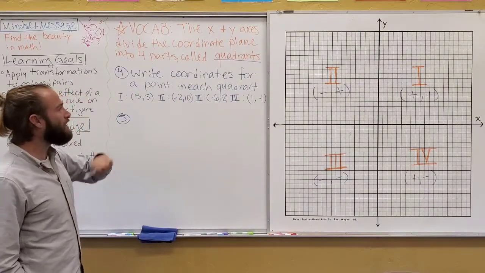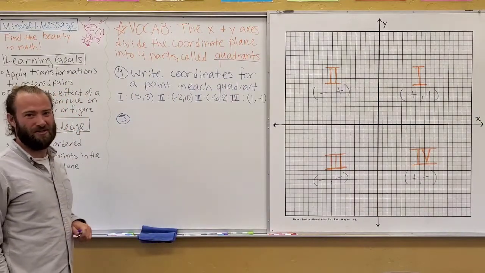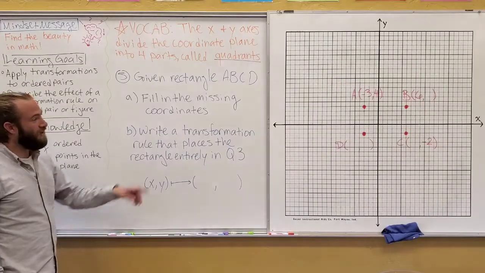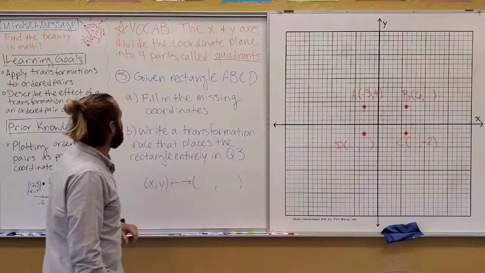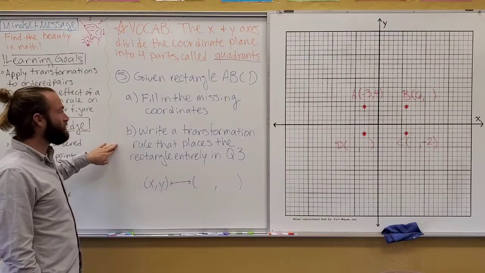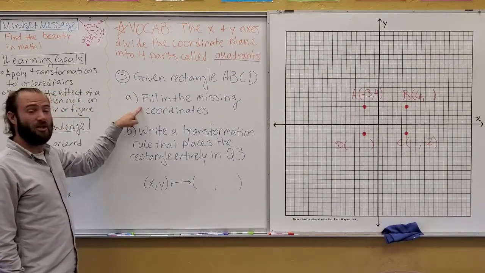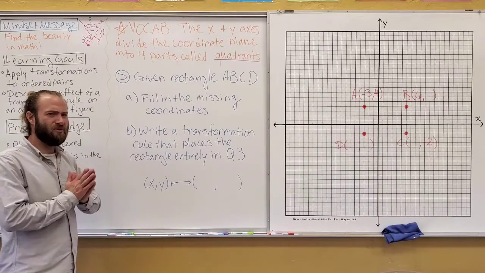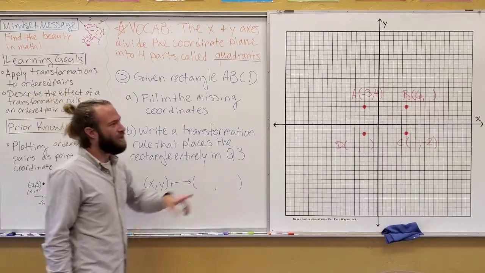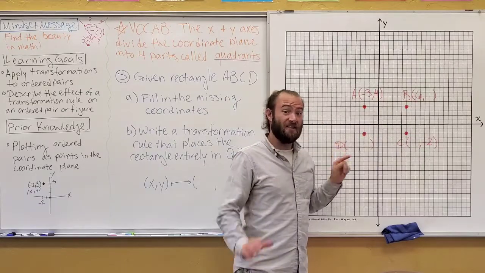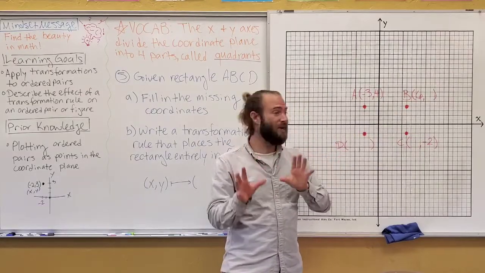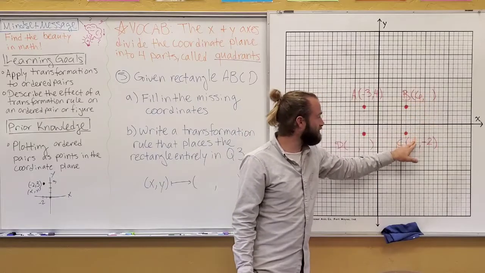Let's take a look at one last thing, and then we'll be through today. We have a rectangle, we're calling it ABCD. And here are 2 things I want you to do. Fill in the missing coordinates. I want you to try to do this without just counting them out. Look at the coordinates that are given to you, and using the fact that you know it's a rectangle, try to finish filling in the empty spaces.